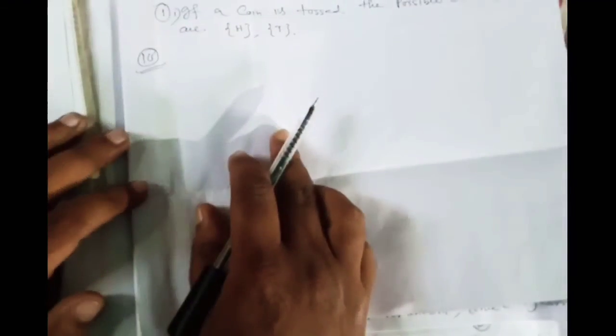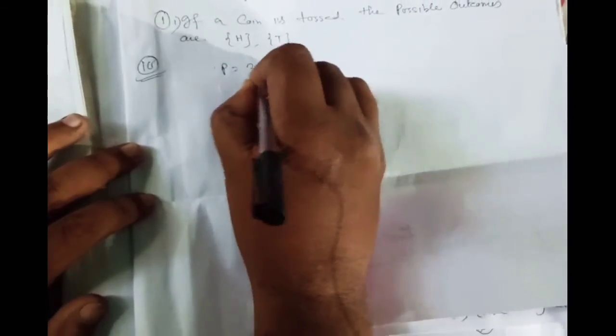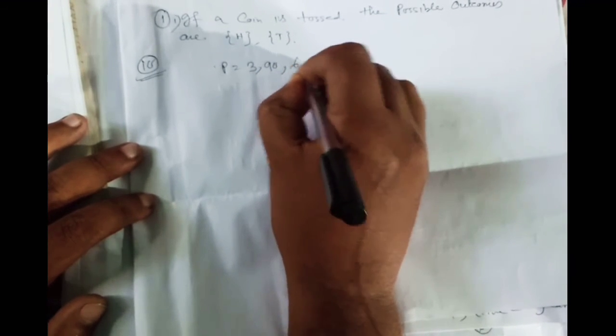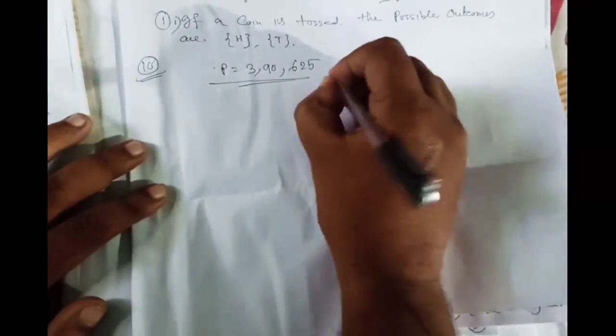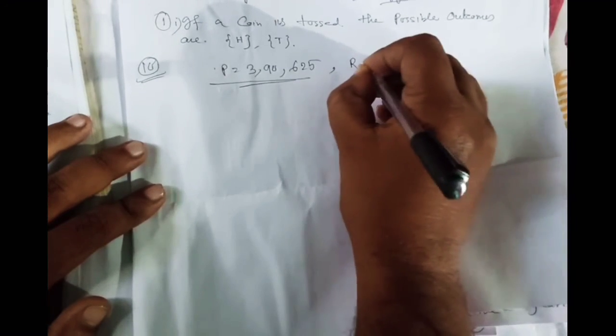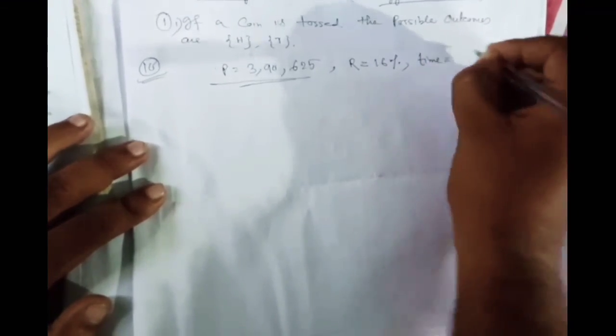So here the principal is given, 3,90,625, and rate is given 16%.